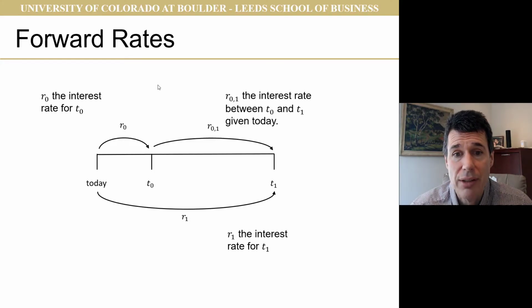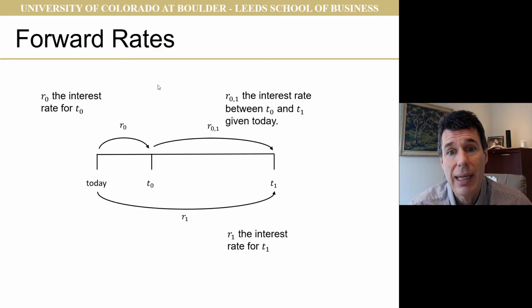And the forward rate is the rate that we agree today that makes us indifferent to which of these two things we do. And of course, we should be indifferent because we receive back some money at time T0, the money we invested plus the interest, and then we immediately turn around and invest it again, and we don't have any choice because we agreed to deposit it or lend it to somebody between T0 and T1 at some rate up front.